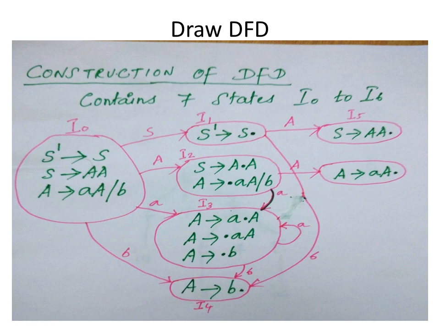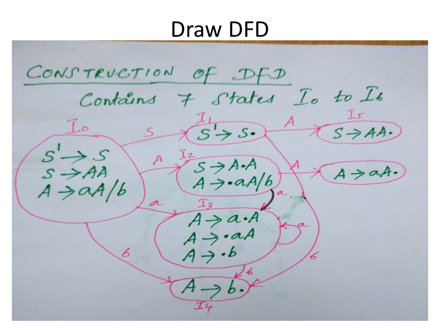And coming to the I3 state, on small a, from I0 to I3 state is moved. So in I3 state, by taking small a, the production A implies small a dot capital A, the dot is moved one step ahead, so small a dot capital A. And again capital A implies dot small a capital A remains the same.